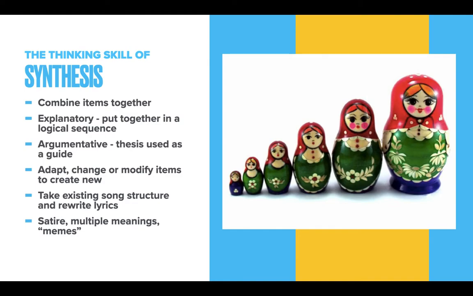So in explanatory, you're putting things together in a logical or perhaps a chronological sequence. In argumentative, you're using a thesis statement as the backbone, as a guide, and then you're building the argument around that thesis based on the research that you have conducted.